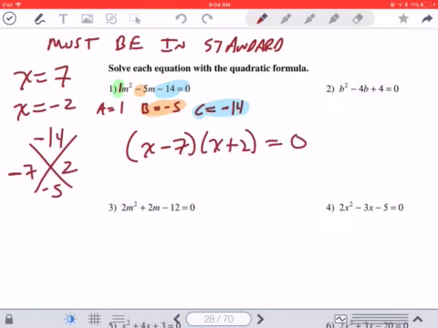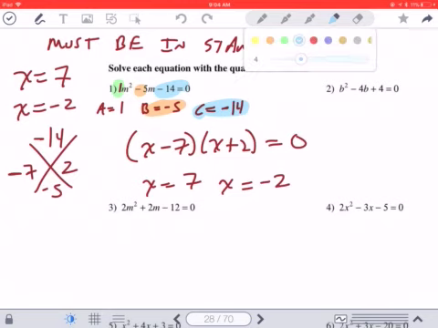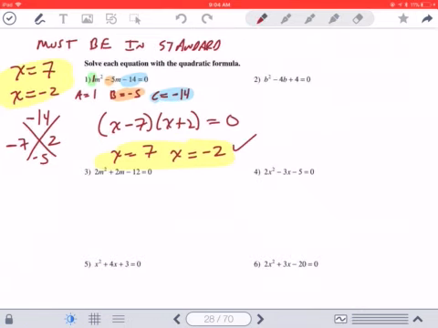And my solutions would be x equals 7. And my other solution would be x equals negative 2. Okay, a lot shorter. We got those solutions right here. So those solutions would be in yellow. So if you can factor it, always try to factor it. But sometimes it's not always factorable.